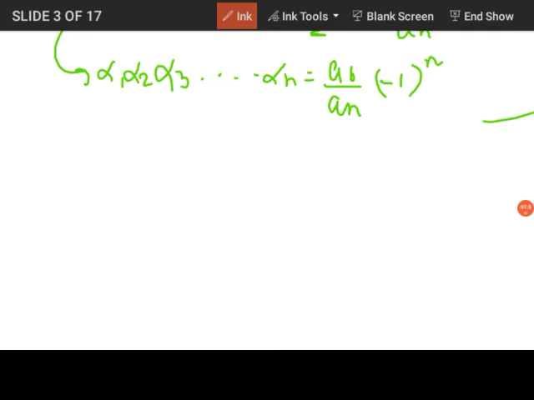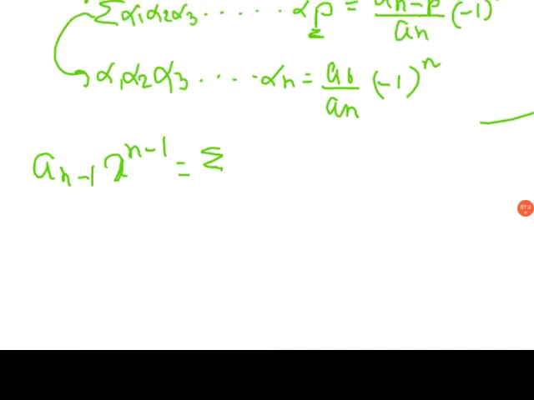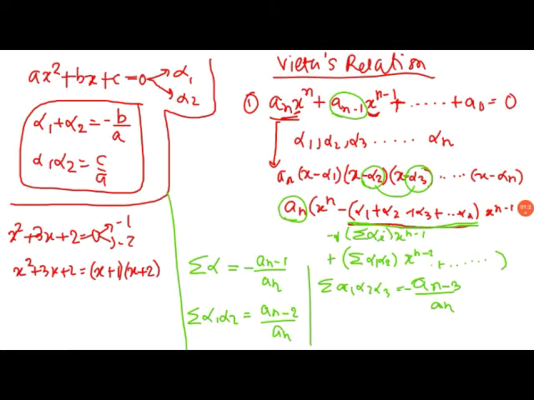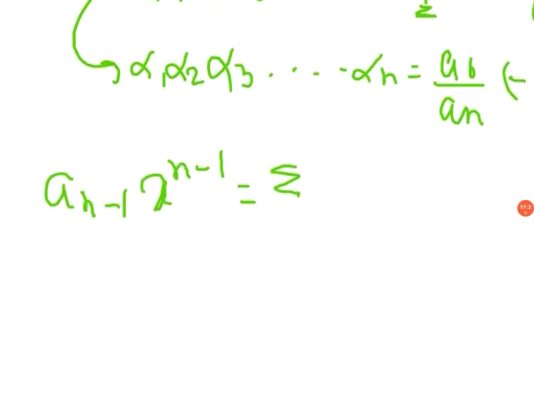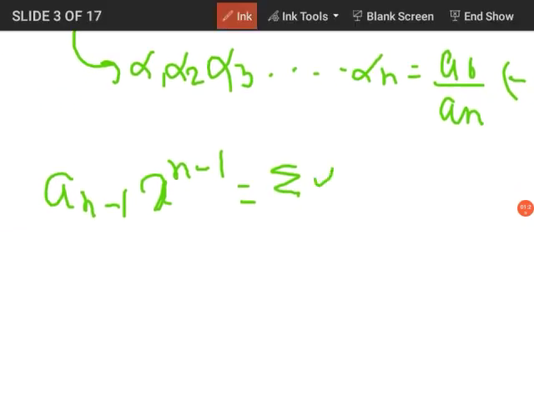In the general equation, we had our leading coefficient as a n, and the x raised to the power n minus 1 term is equal to sigma of alpha i, i from 1 to n, multiplied by x raised to the power n minus 1 multiplied by a n.